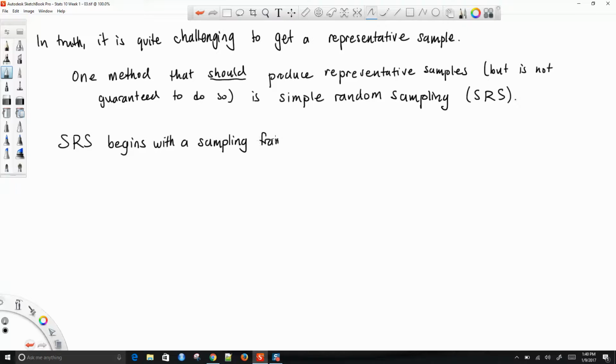Okay, a sampling frame is ideally a list of every single person or everyone in the population.